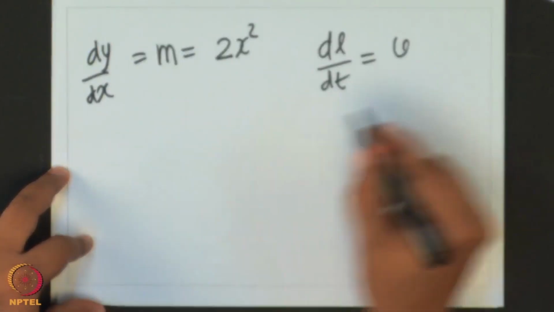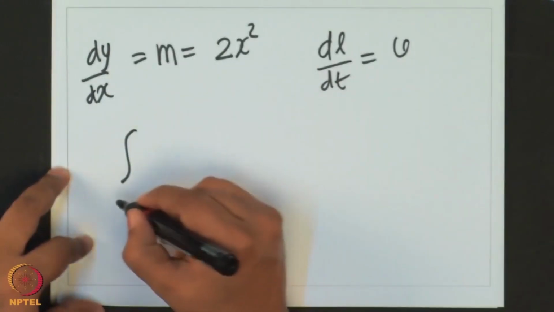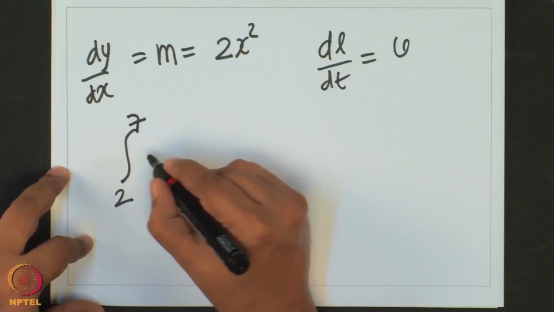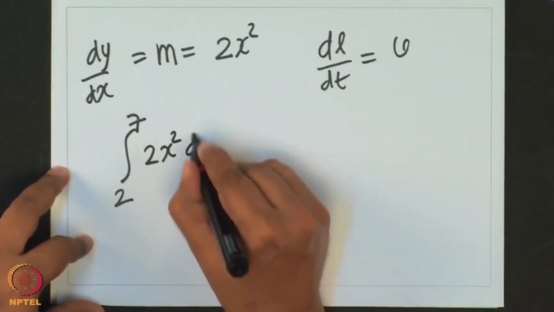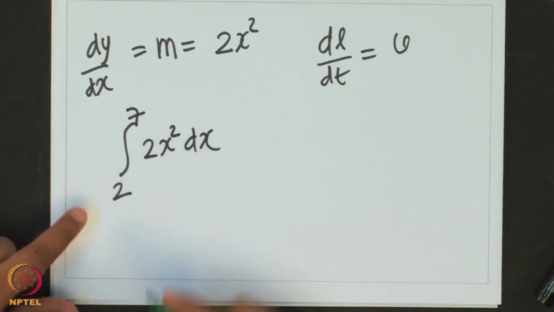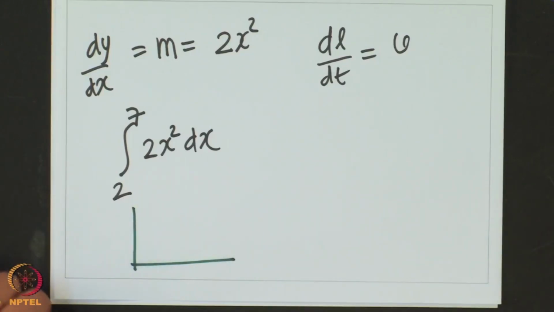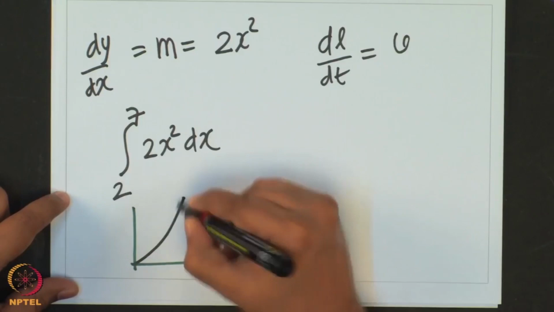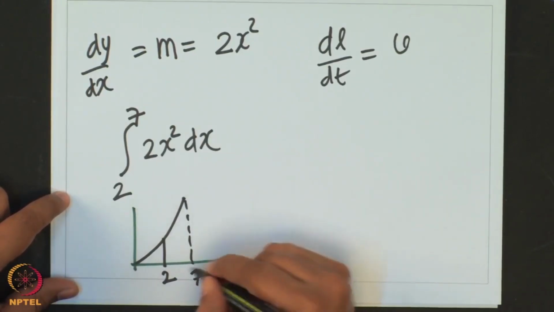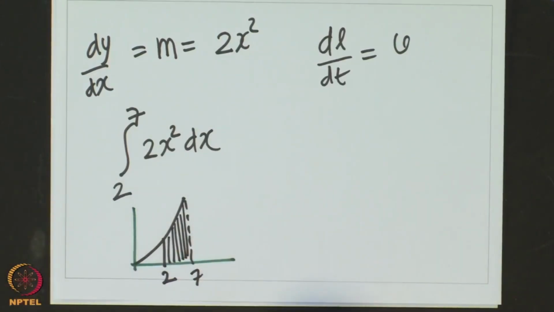Here, if you want to calculate this, it could be between 2 and 7. The limit need not be 0. In that case, we would plot this function, draw the graph and calculate the area between 2 and 7. So only this area we would calculate, which is the area between 2 and 7.